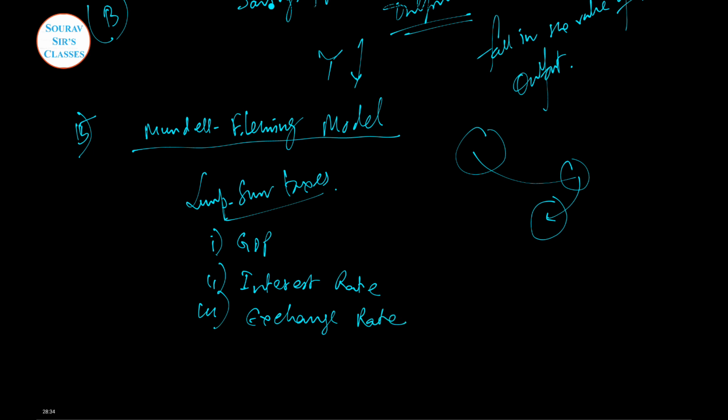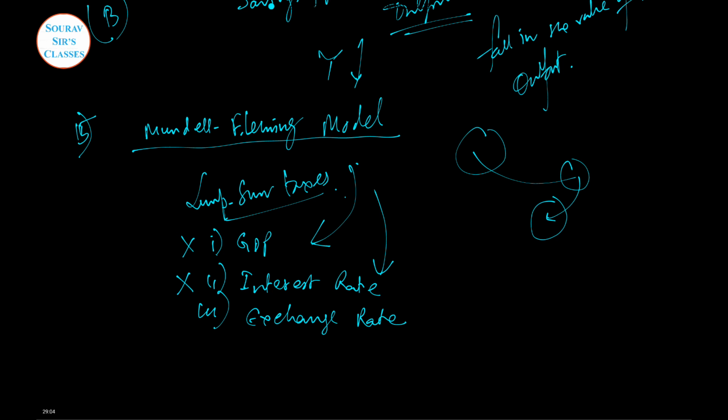Now under these circumstances, the basic structure is, as perfect capital mobility is there, which is very important, and the economy is initially at equilibrium. So if there is a lump sum tax, obviously there will not be any change in the first two. So lump sum tax has no effect on changing GDP or interest rate.